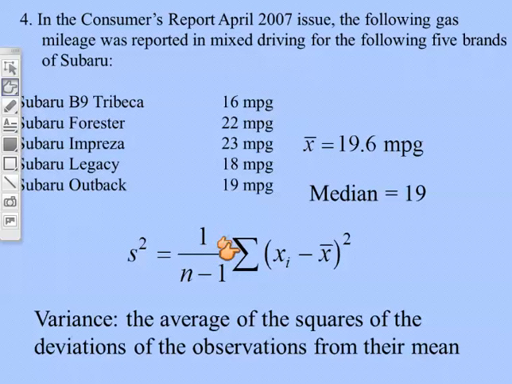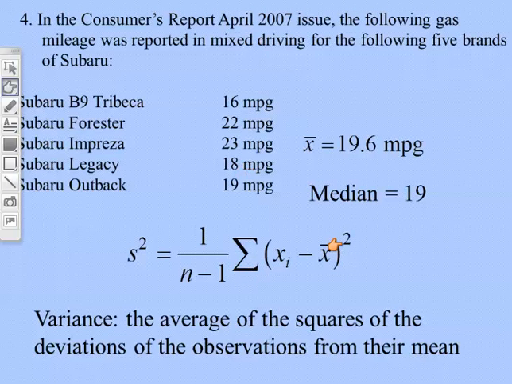See this little symbol here? This is called a sigma, or a summation sign, okay? And what we're going to do is take xi minus x bar. Well, what is xi? Xi is each one of these different numbers, 16, 22, 23, 18, 19. And I'm going to subtract the x bar from it, xi minus x bar, square that and add them up.